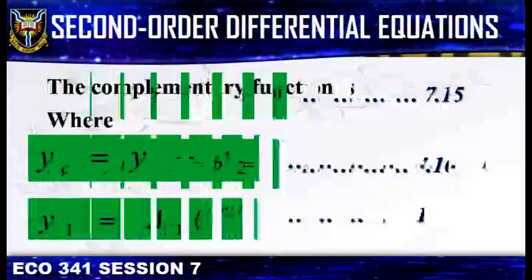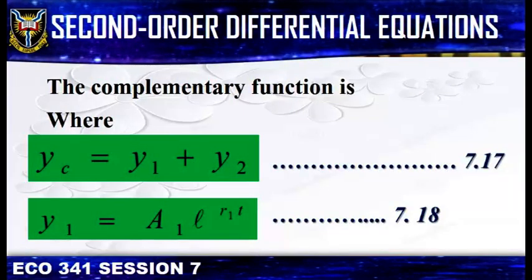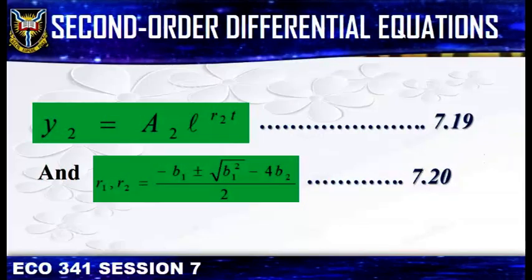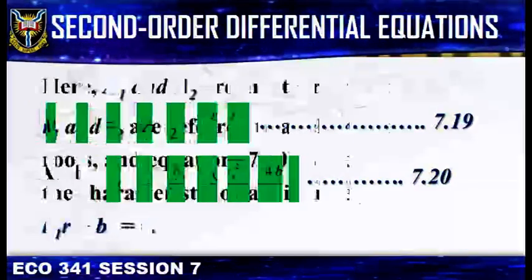The complementary function is where yc is equal to y1 plus y2, equation 7.17. y1 is equal to A1 e raised to the power r1 t, equation 7.18. y2 is equal to A2 e raised to the power r2 t, equation 7.19. And r1, r2 is equal to minus b1 plus or minus the square root of b1 squared minus 4b2, over 2, equation 7.20.